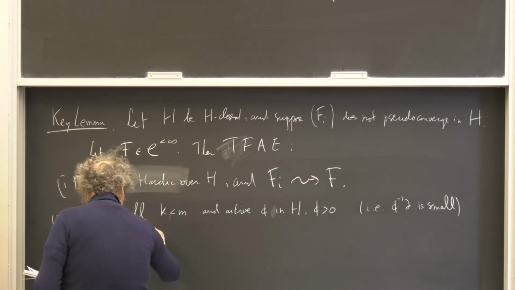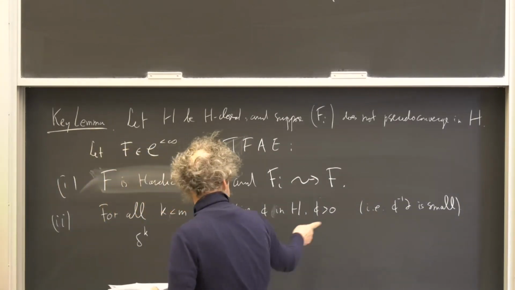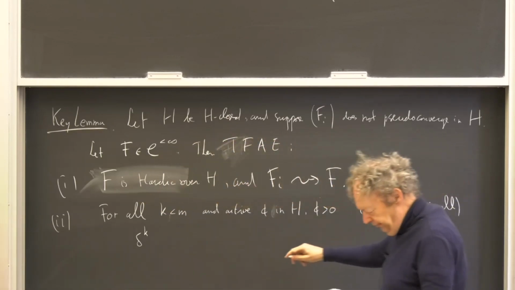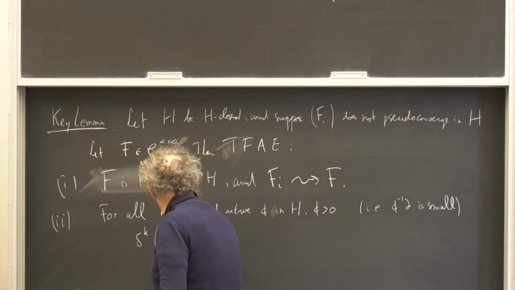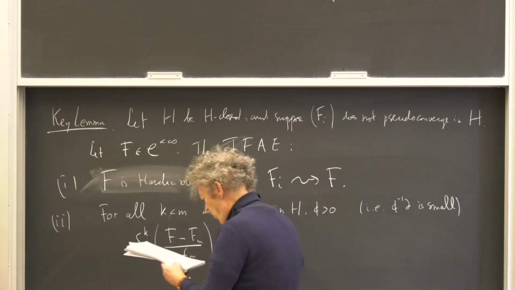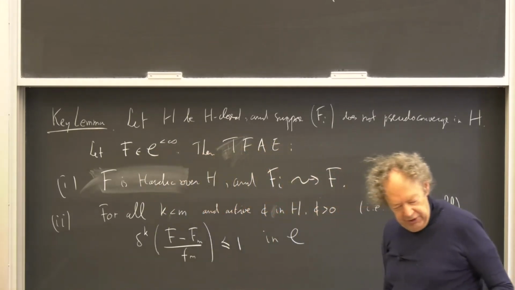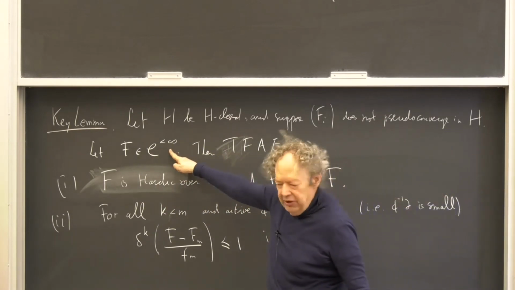Delta^k, the k-th iterate of delta, of F minus f_n, is bounded. Now you have to make sure that this makes sense. F is for the moment only in here.